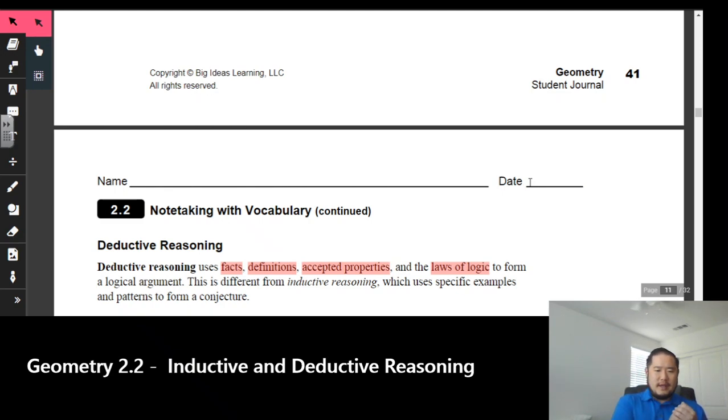So don't forget, inductive reasoning: examples, patterns, things that you see. Deductive reasoning uses facts, properties that we've gone over, definitions. That's why it's so important that in chapter 1 we learned so many different terms, and we're going to have to keep using those terms to come up with a logical explanation to prove certain things are correct.